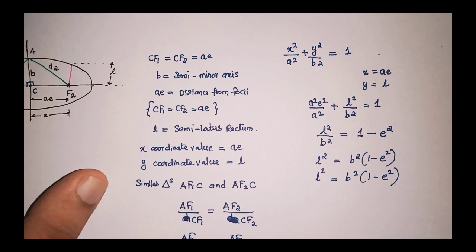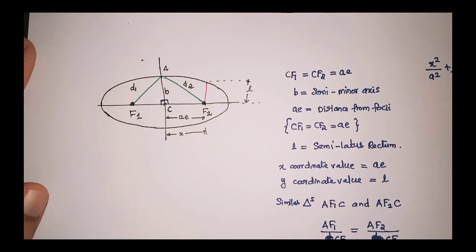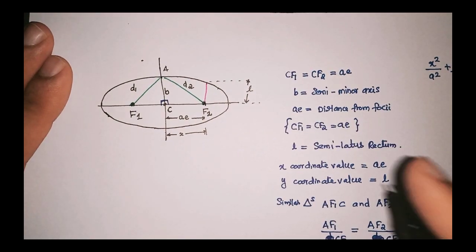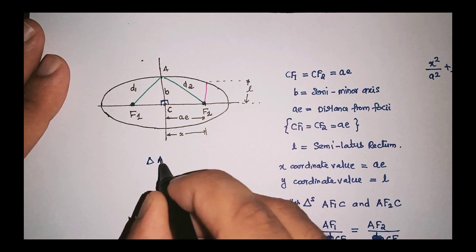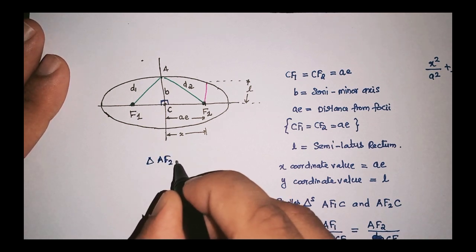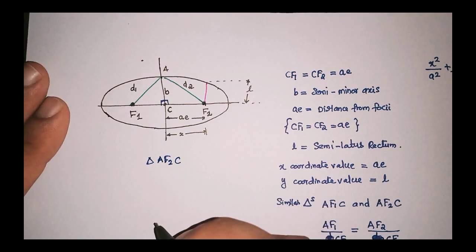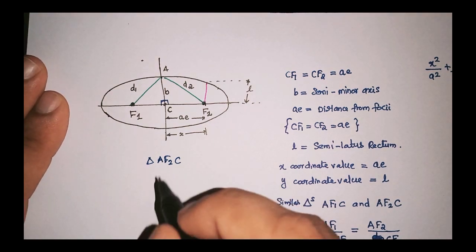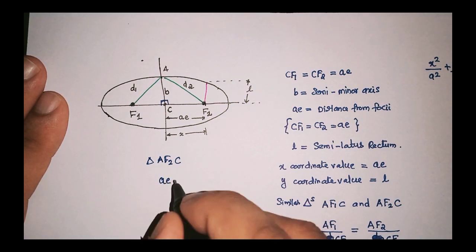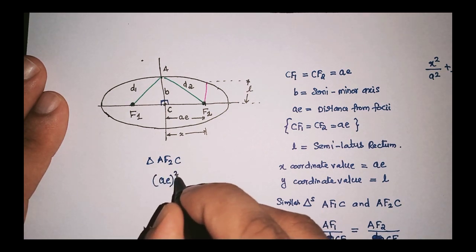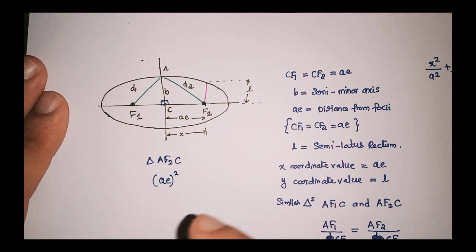We know that from the geometry, if you see the triangle A F2 C, in triangle A F2 C, if you see closely, this is going to be your base, that is A e, and we'll square it off, base square.